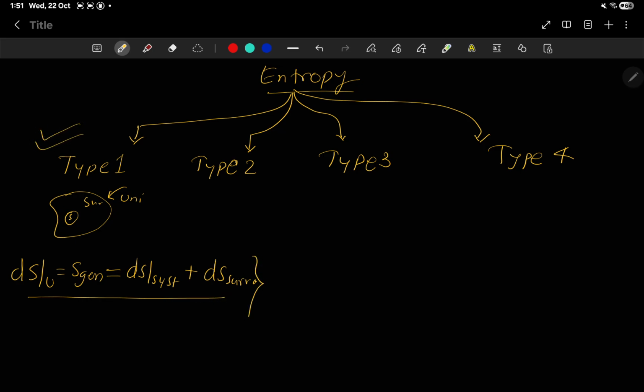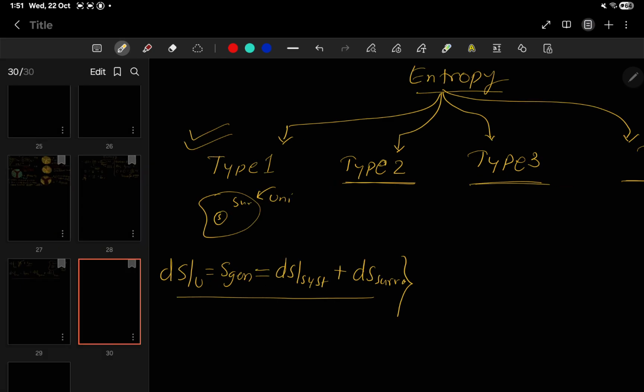Now let's explore what the physical phenomena are in type 2, type 3 and type 4. So in type 2, the physical phenomenon is like this.